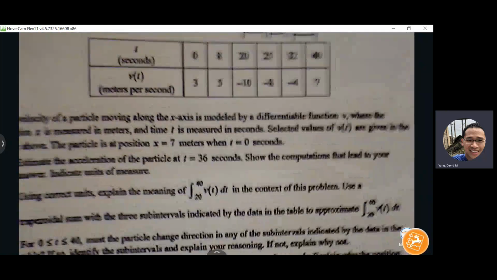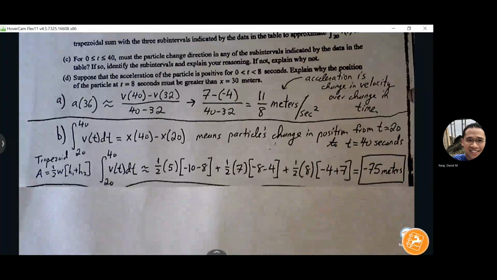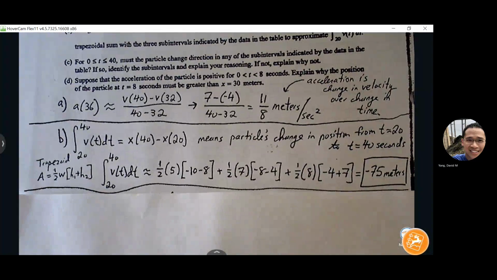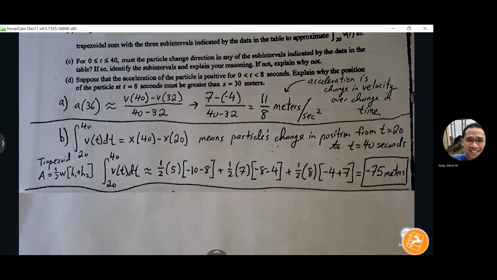Okay, part B. So we want to hold on to all the negative values because we're not asking for total distance, we're just asking for displacement here. So it's okay if you have negative displacement.